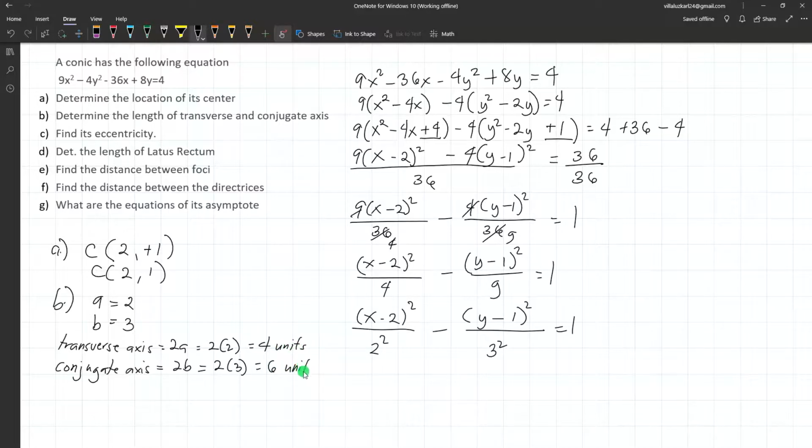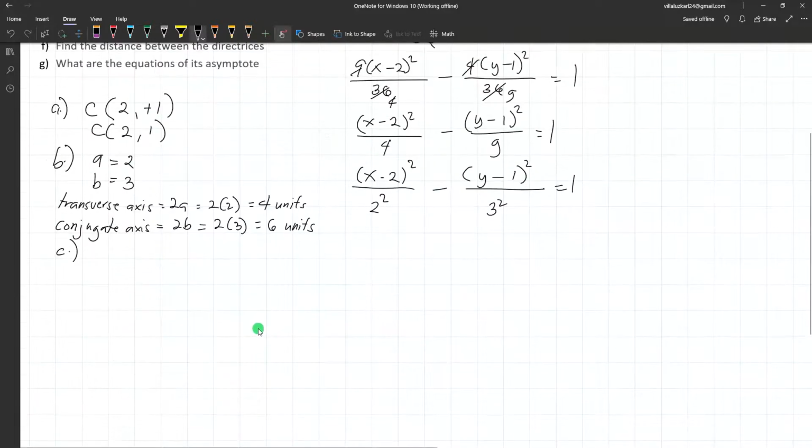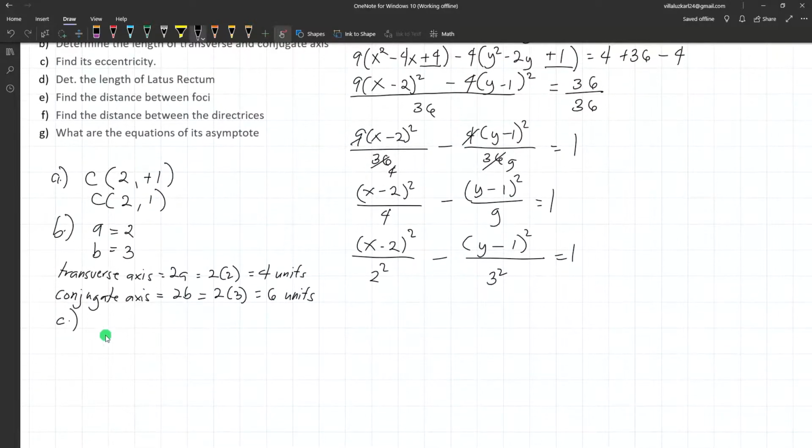For C, the eccentricity. The eccentricity of the hyperbola equals c over a, where c equals the square root of a squared plus b squared. So c equals the square root of 2 squared plus 3 squared, which is the square root of 4 plus 9, so c is the square root of 13.